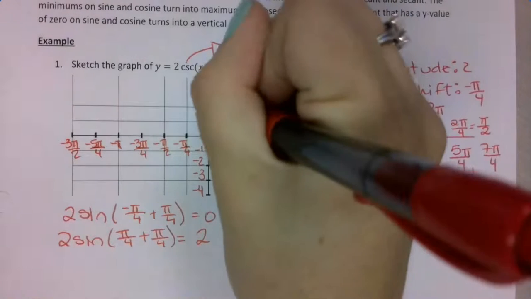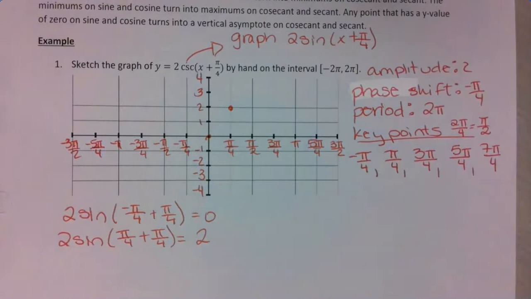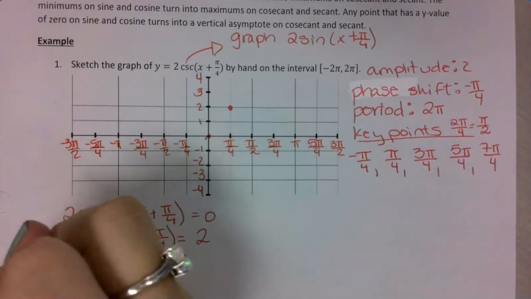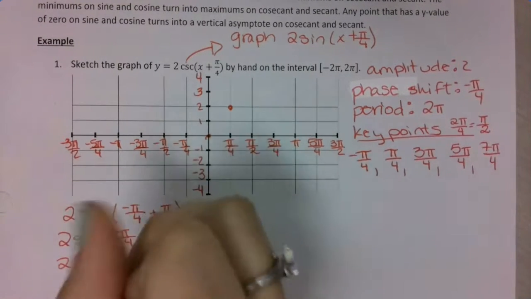Should get 2. So I'm going to plug in my next point, which is 3 pi fourths.